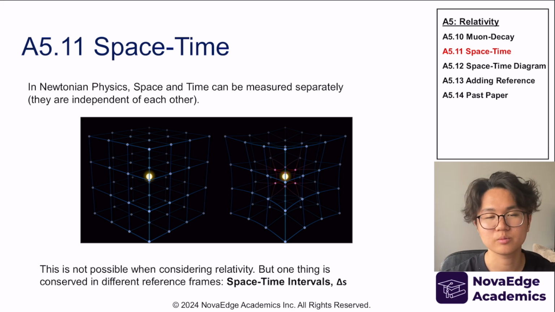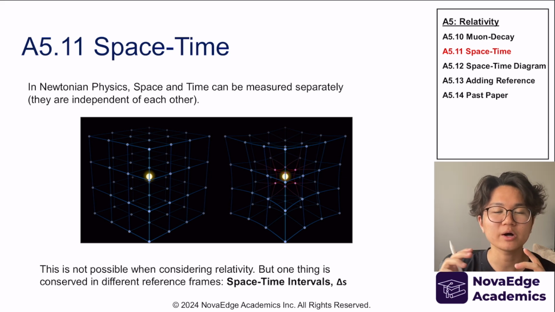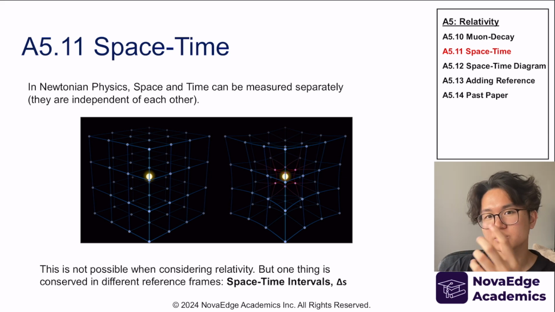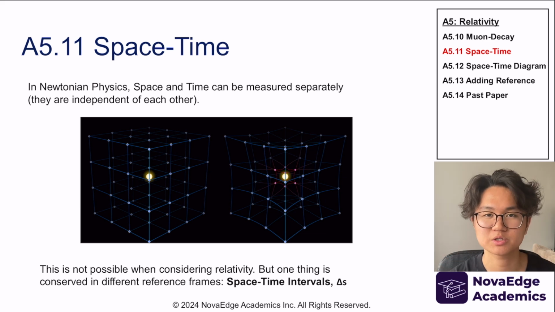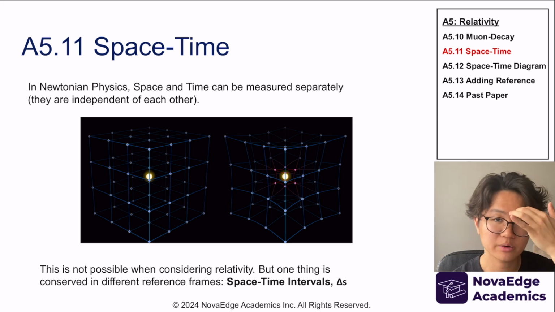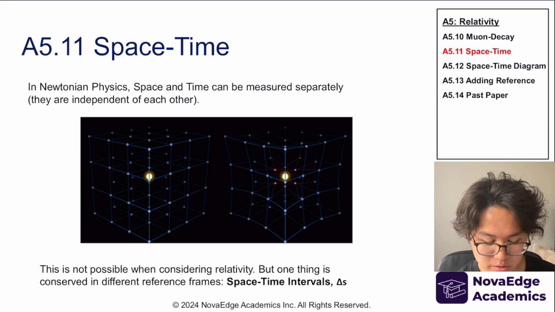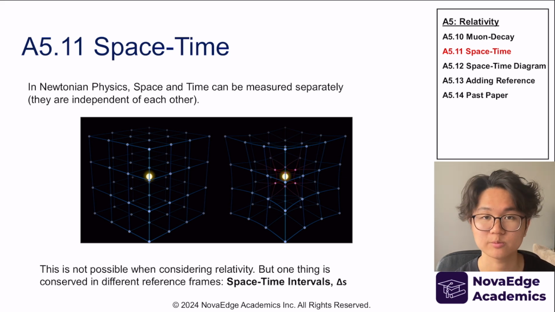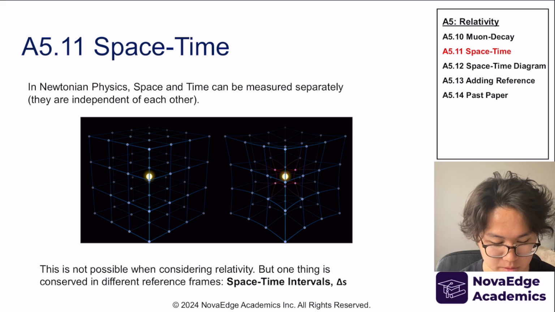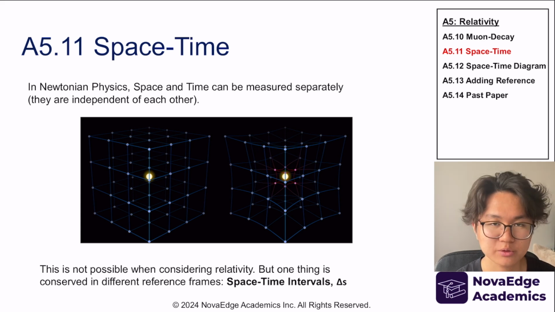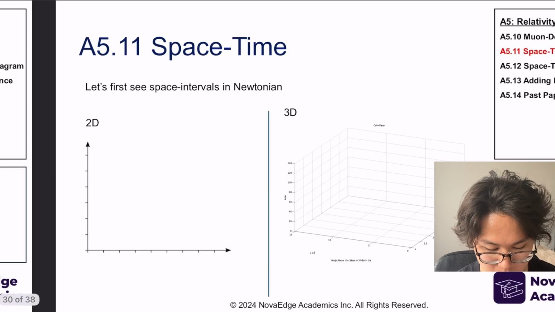From your perspective, it might be 10 meters apart in a 3 second span. But there's something I can quantify to match those two perspectives together and calculate that conservation effect. I'll explain that a bit later using a space-time diagram. The following slides are going to build up to how to do that.